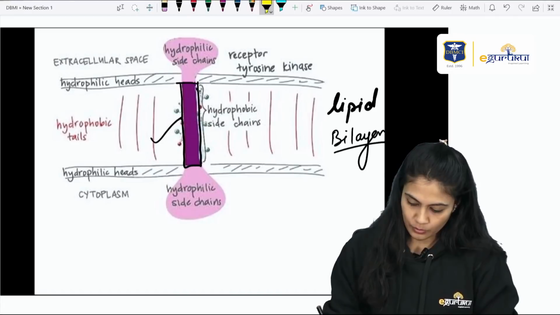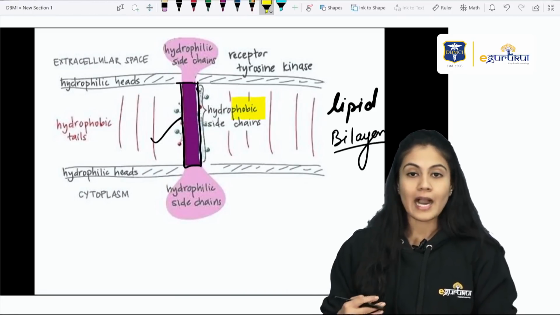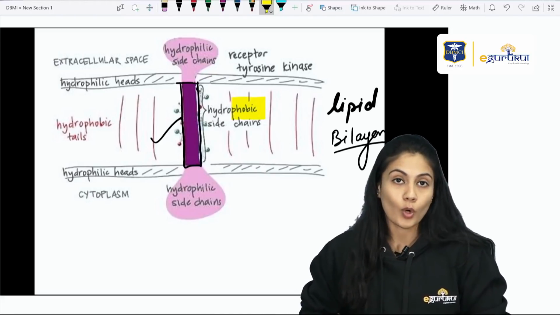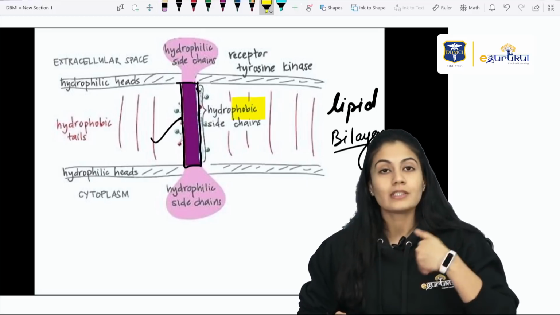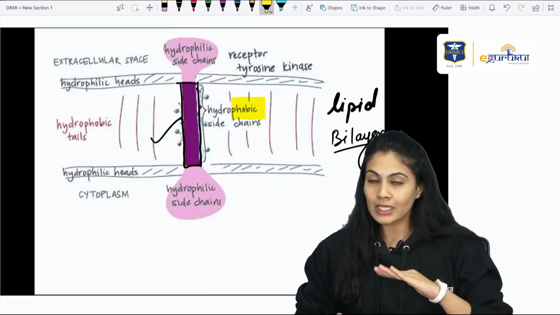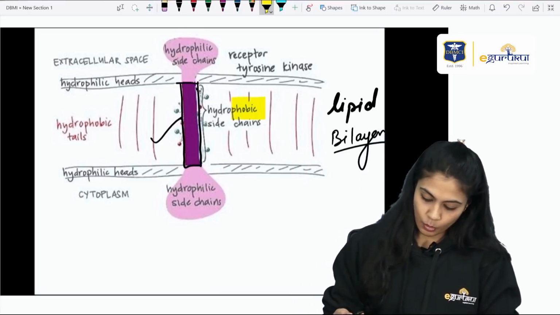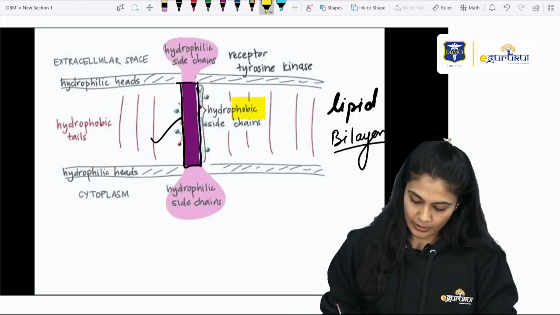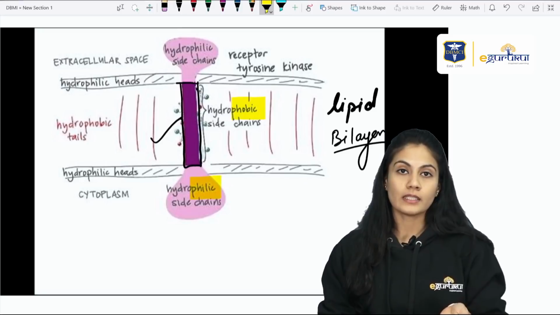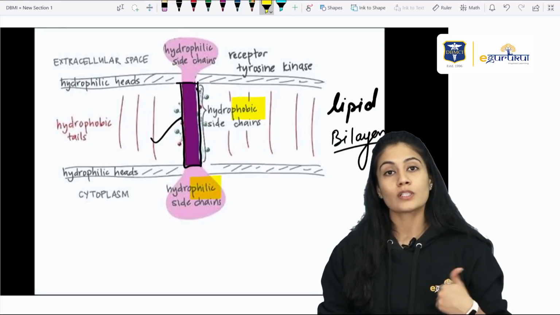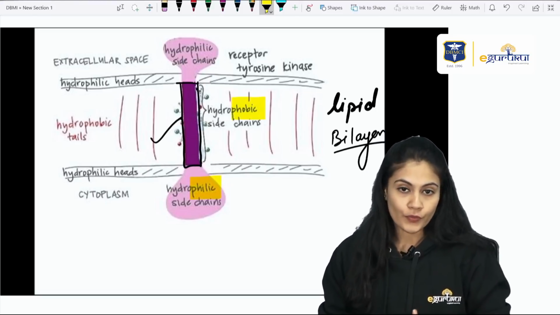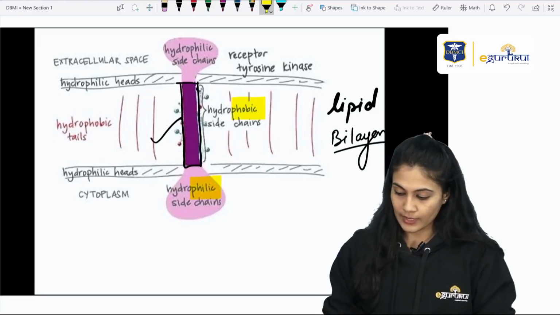Outside, 60 to 70% of our body fluids contain water. Even inside the cell or outside the cell, there will be water. So the protein facing the water, inside or outside the cell, will be water loving, that means the hydrophilic sides of the chain.